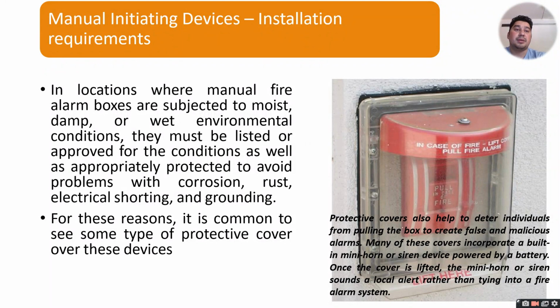Once the cover is lifted, the mini horn or siren sounds a local alert rather than tying into a fire alarm system. So if someone lifts it when there is no fire, the security guard or the local people inside the building will be alerted that someone has lifted this cover.